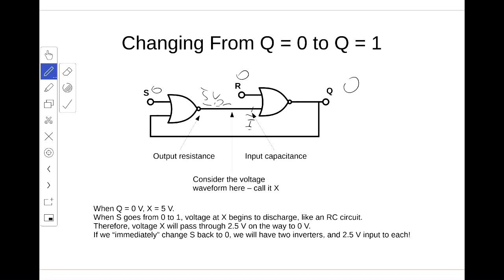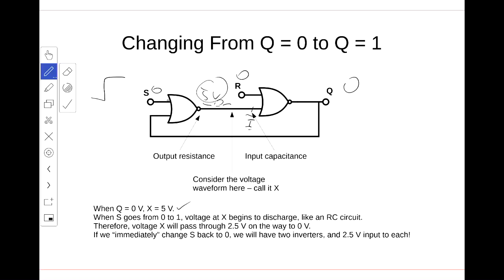So when Q is 0, I've got 5 volts in here, that's this line here. When S goes from 0 to 1, so I'm going to put a pulse into the set pin here, the voltage here, that was 5 volts, begins to discharge. Why? Because the voltage here appears across this capacitor, serving as the input to this gate.